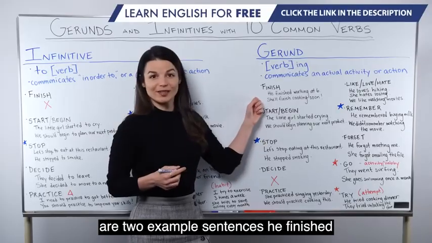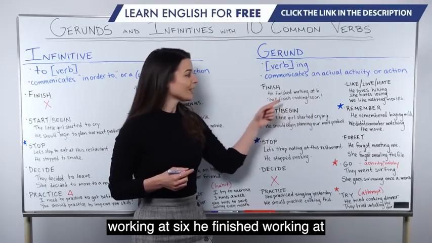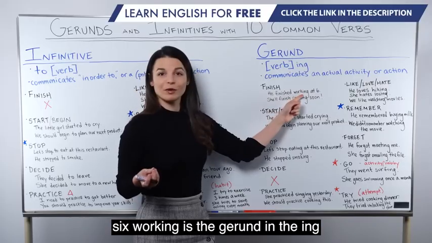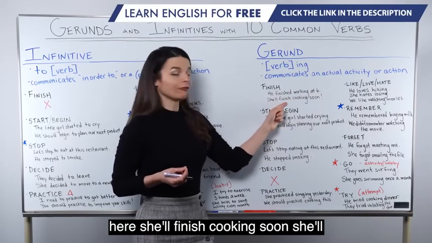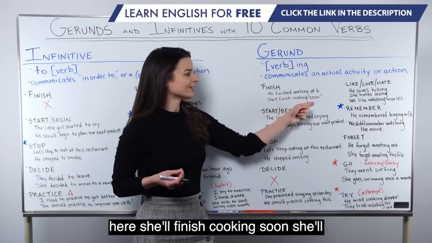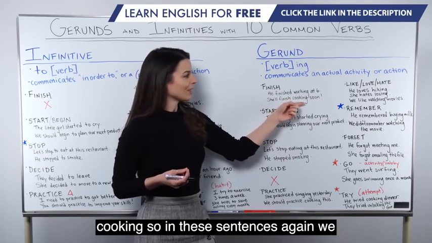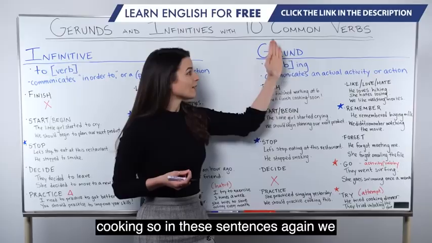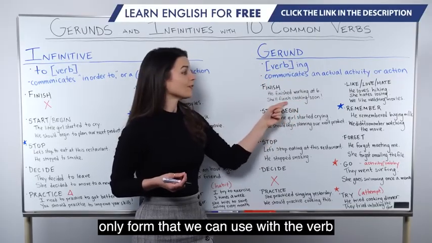Here are two example sentences. He finished working at 6. Working is the gerund in the ing form. Here, she'll finish cooking soon. Here is the gerund, cooking. So in these sentences, we have the gerund form, and this is the only form that we can use with the verb finish.